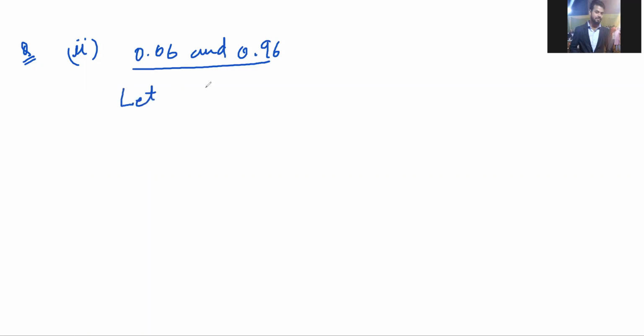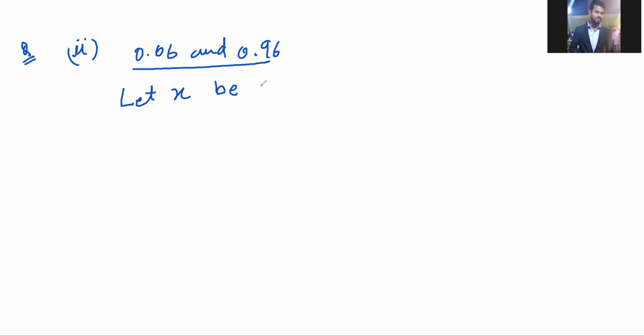Now part 2. 0.06 and 0.96. We have to find continued proportion between these two terms. So let X be, sorry, we have to find the mean proportion.